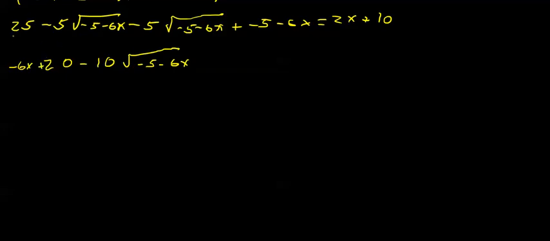Let's see, 25 minus 5 is 20. Got the -6x taken care of. And -5 radical is -10 times my radical. Equals 2x plus 10.